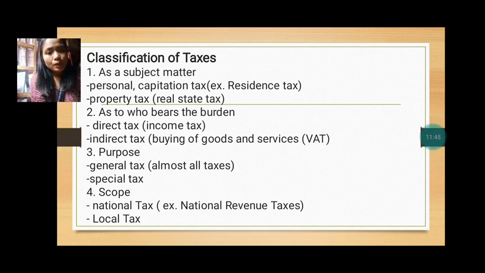So, yung general tax din is these are taxes on goods, services that were purchased by the consumer, while the special tax is for future taxes, yung mga pinaglalaan nila, yung tax na nakokolekt is inilalaan sa future expenses. And number 4 is yung scope, the national tax and the local tax. Na-discuss naman na to sa taas.